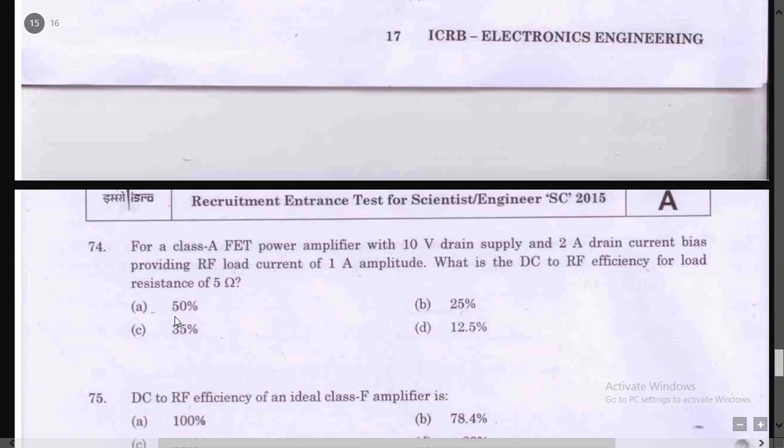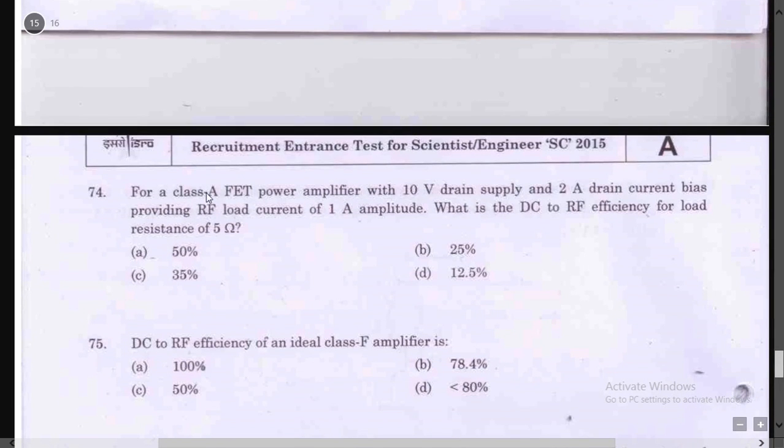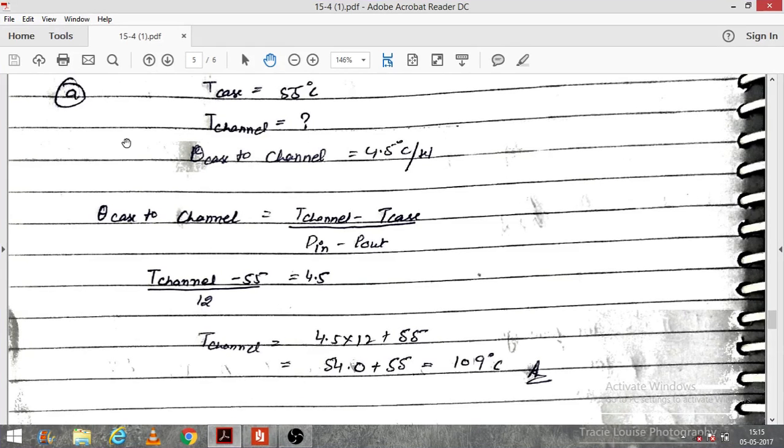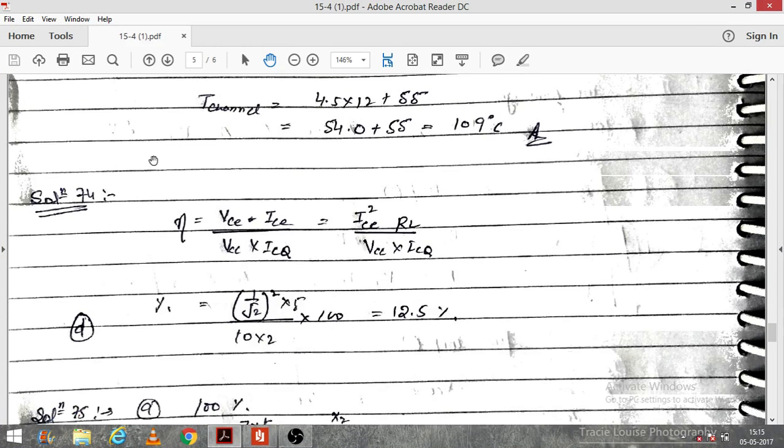Now we are given a class A FET power amplifier with 10 volt drain supply, 2 ampere drain current, and RF load current of 1 ampere amplitude. What is the DC to RF efficiency for the load resistance of 5 ohm? So friends, we have the given data and we have to calculate efficiency. Efficiency is equal to VC multiplied by IC divided by VCC into ICQ.